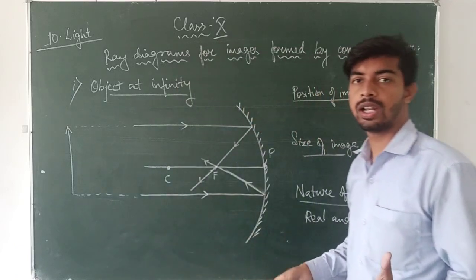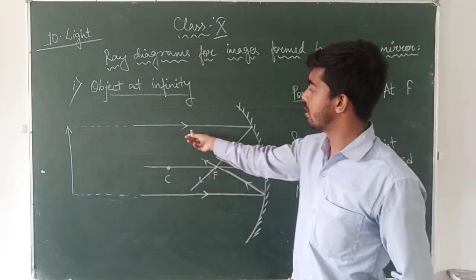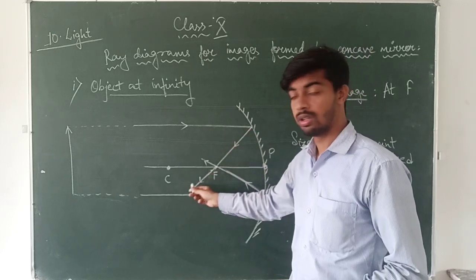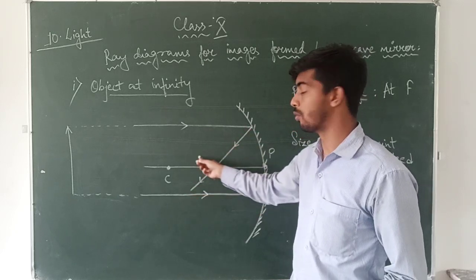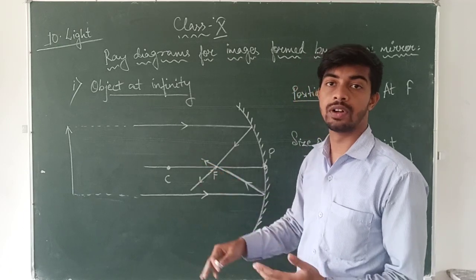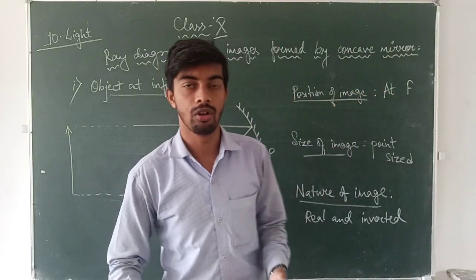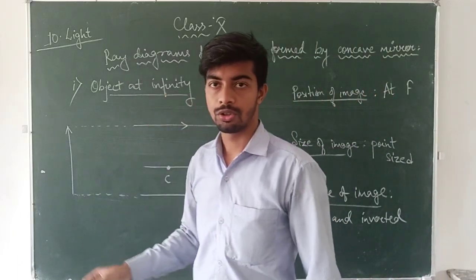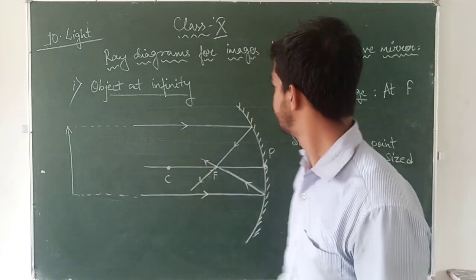Now how it will be inverted, let us see. If you see here, the upper ray after reflection goes down, the lower ray after reflection goes up. So what happens in this case, the image gets inverted, means upside down. And always remember, a real image is always inverted. So this is our first diagram.